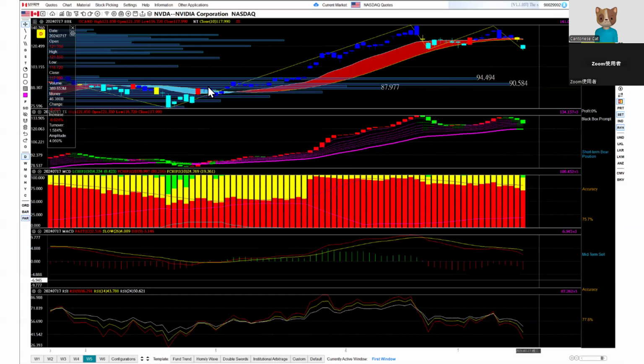The blue ribbon refers to the midterm downtrend, whereas the red ribbon refers to the midterm uptrend. To know whether the stock is in a downtrend or uptrend is very important. You can just take a look at the color of the ribbon.